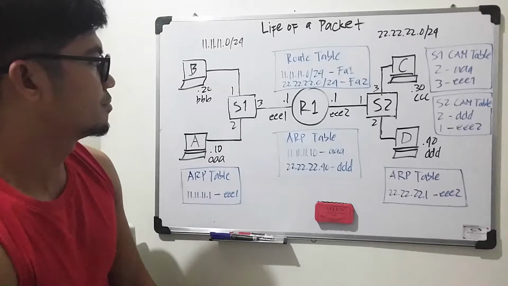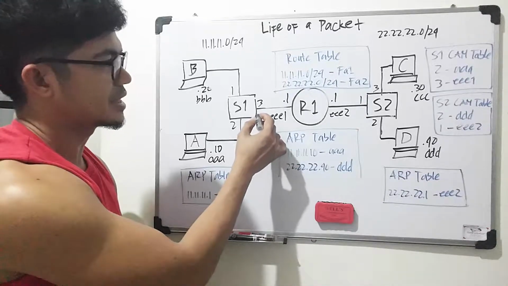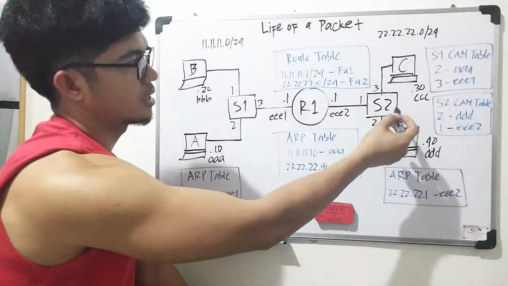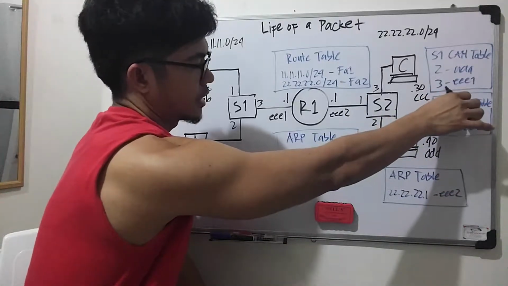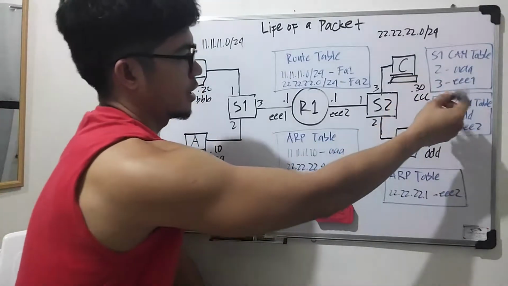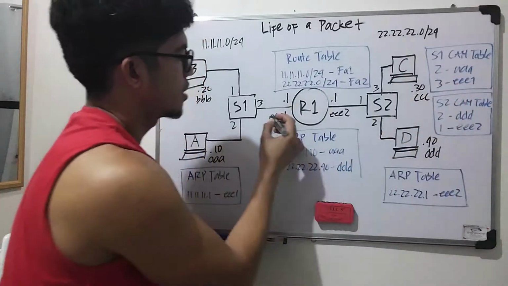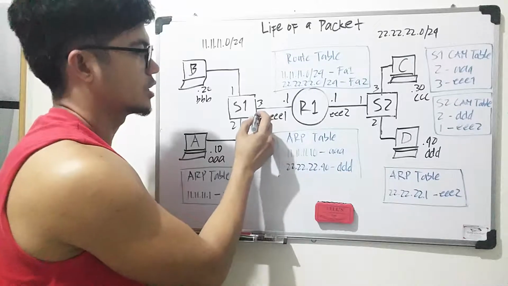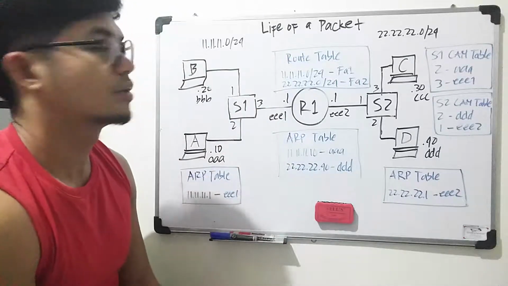And switch 1 is going to update its MAC table, and it's going to put this entry here, which basically means that this MAC address lives on port 3 on switch 1.